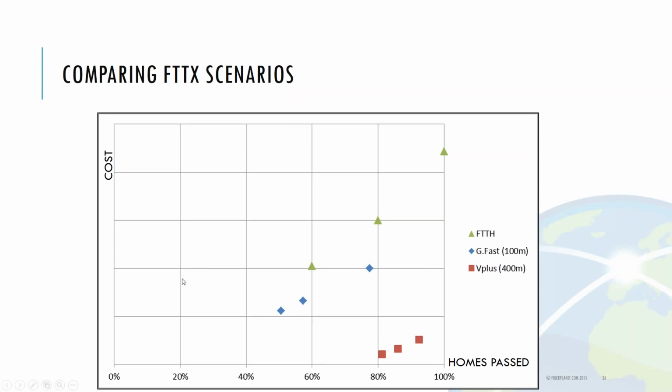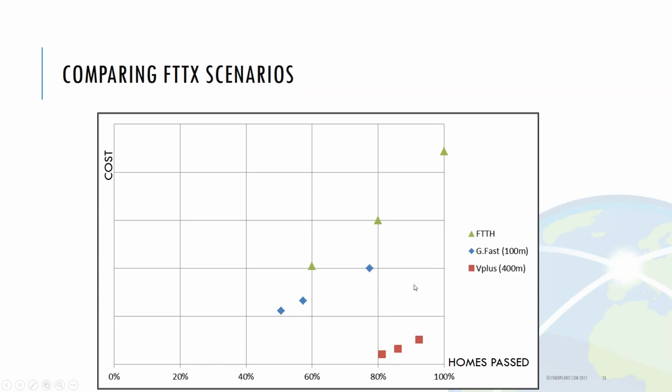For example, if you look at the V plus 400 meter scenario, like we saw in the simulations by Jonas, we can increase the coverage if we lower the constraint on how many homes on a new fiber node, but it will increase our cost significantly to get really to those last percentages in this specific case.